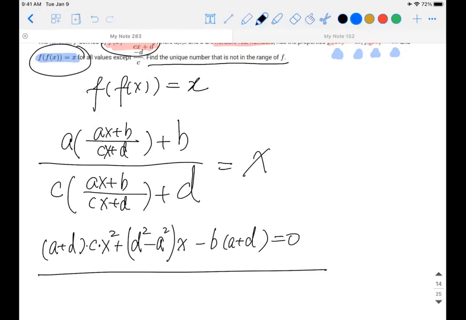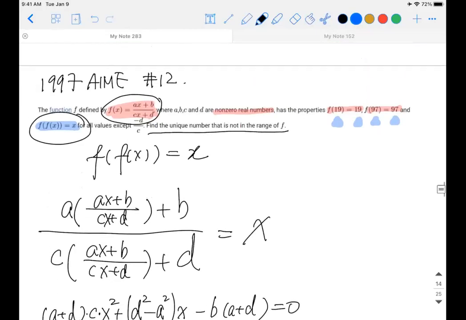Okay, so this function says what? This function is good for all the values except x equals minus d over c, right? This is what the question says.